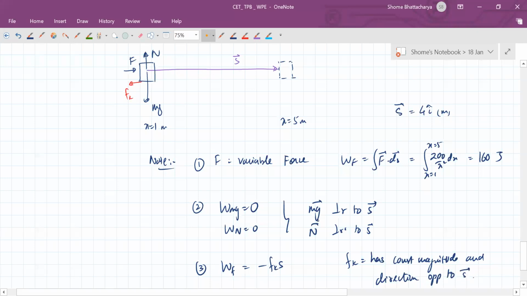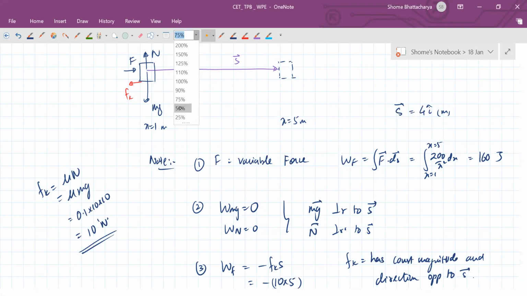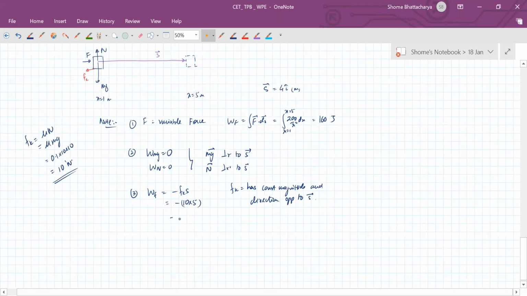Now the magnitude of friction will be mu N, so that will be mu mg. That will be 0.1 into 100 newtons, so 10 newtons. That is the magnitude of friction. So this will become minus 10 newtons multiplied by 5 meters. So friction is doing a work of minus 50 joules. This is the work done by friction.